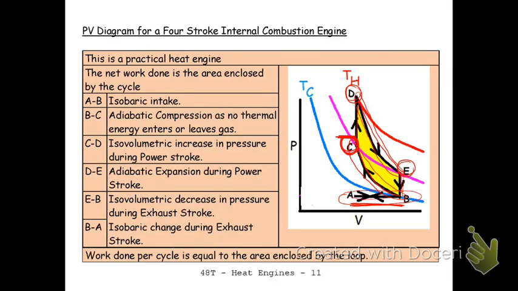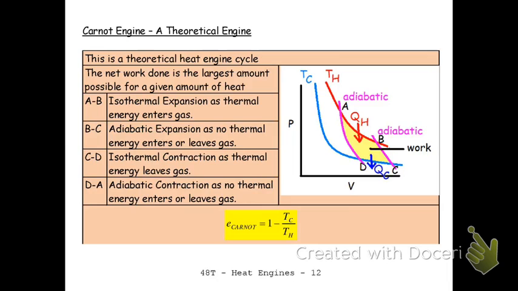I'd like you to know which is isothermal, there aren't any, which is adiabatic, which is constant volume, which is constant pressure. Don't worry about this. This is the theoretical best you can do. It's a Carnot cycle. Don't worry about it.